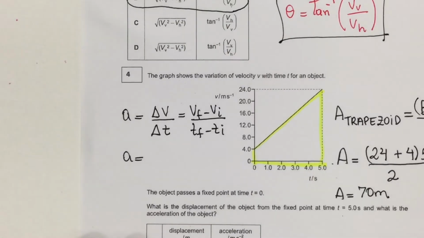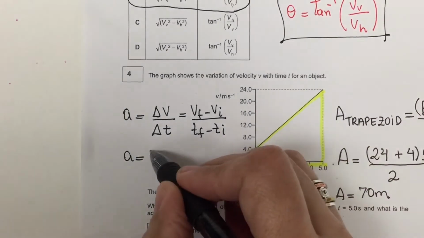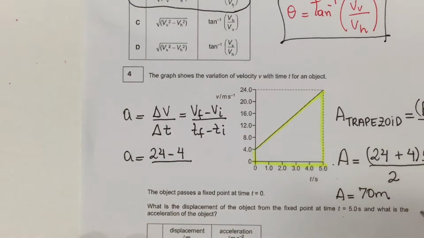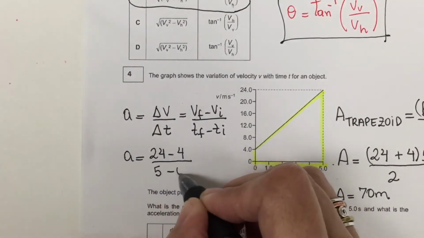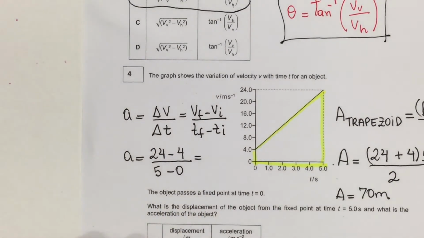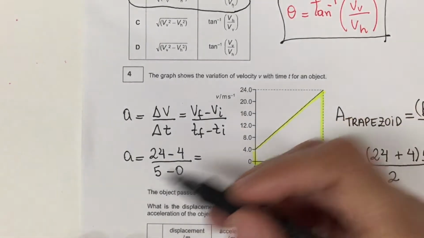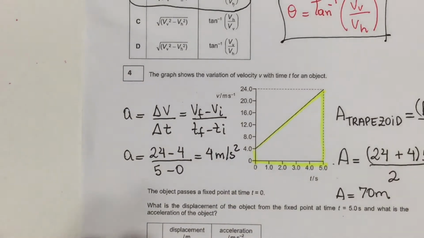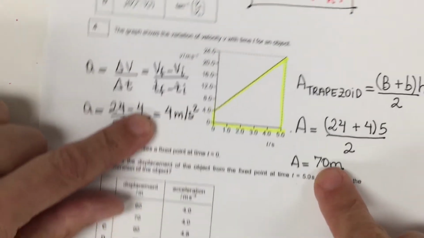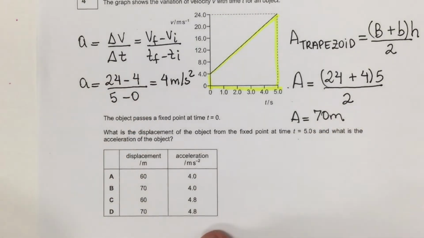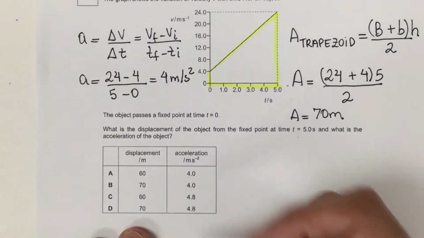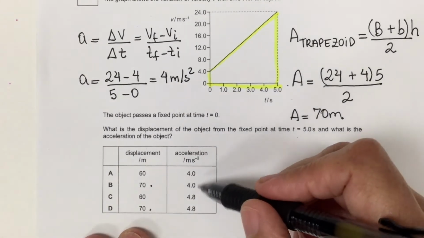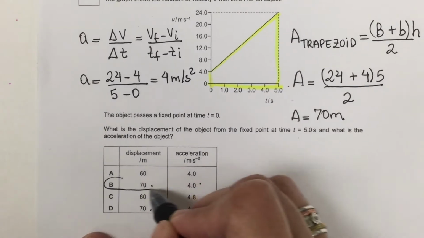Based on this graph, final velocity is 24, initial velocity is 4, final time is 5, and initial is 0. So now we have 20 divided by 5, which is 4 meters per second squared. So now we need to find those two numbers in one of the options. The displacement is 70, and I have these. Acceleration is 4, and I have just this one. So that's the right answer.